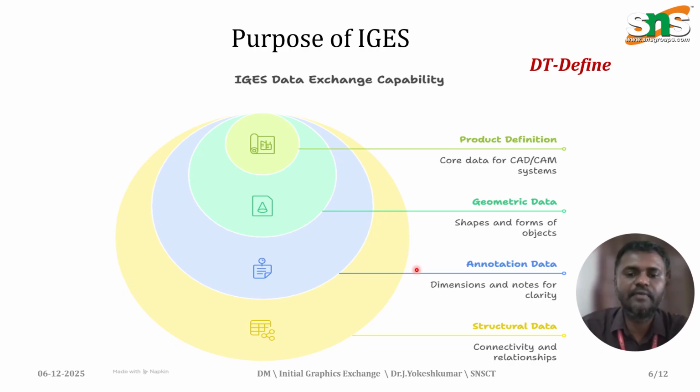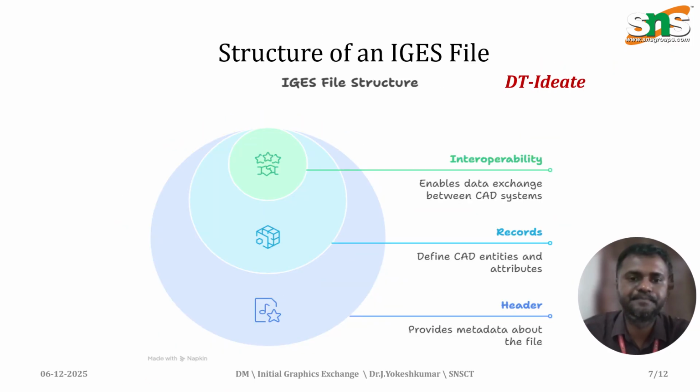Third, we have annotation data, where we deal with the dimensions and notes for clarity. Dimensions are in terms of various units, maybe millimeters, meters, or centimeters. And of course, notes are also mentioned on how much tolerance can be followed, and the structural data for connectivity and relationship purposes.